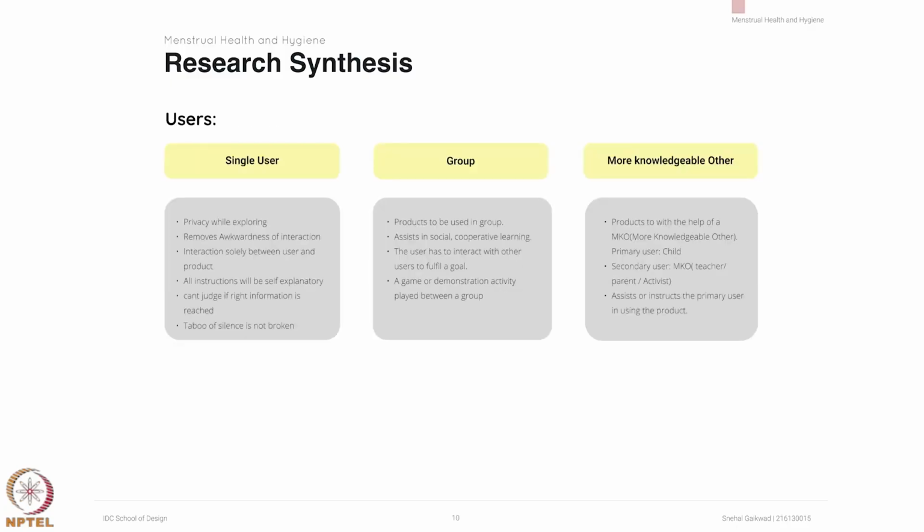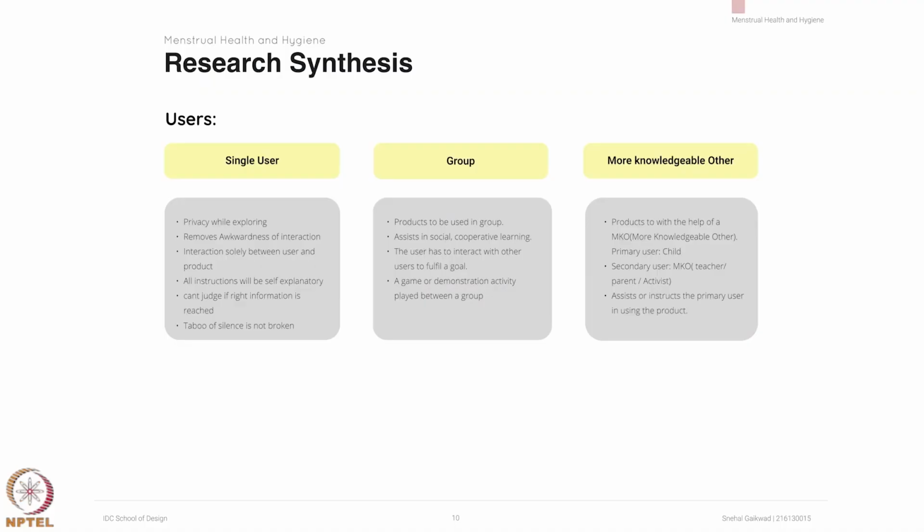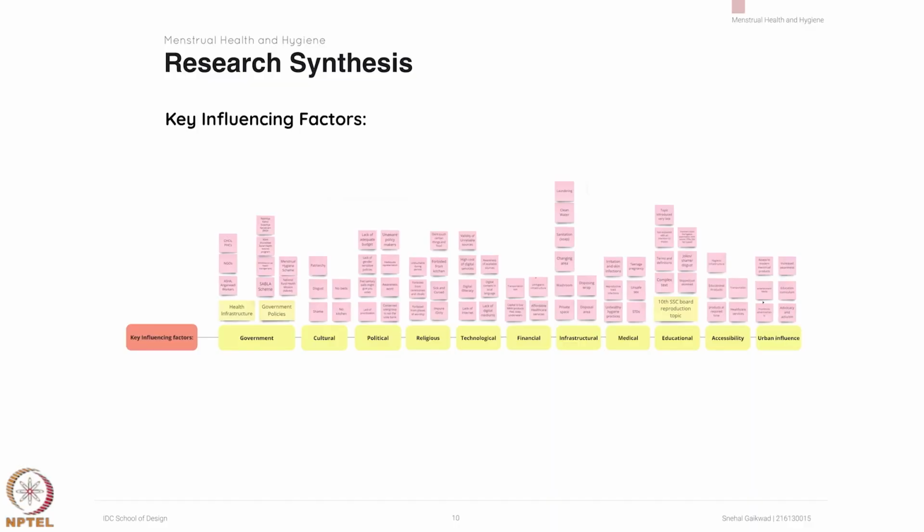Is it a single user, a personal product which the user explores, or will a group of individuals sit together and explore, or will a more knowledgeable other like teachers or activists explain through the product that we are introducing? Then what are the key influencing factors, like the role of government, how can we introduce government in this product delivery, what are the cultural, political, and other aspects.